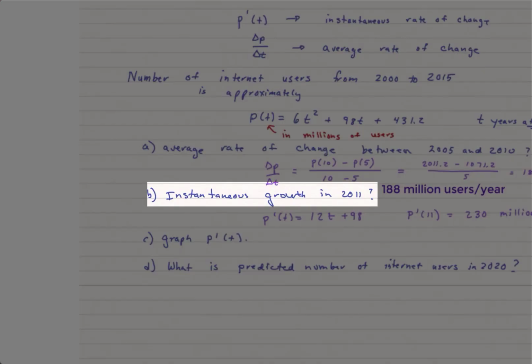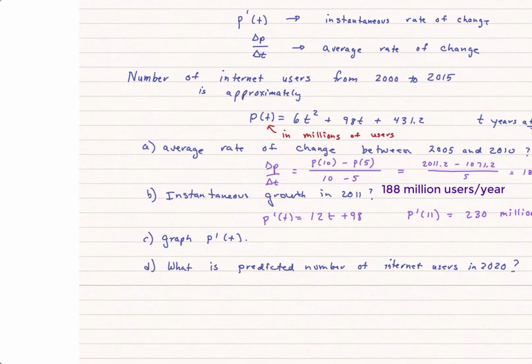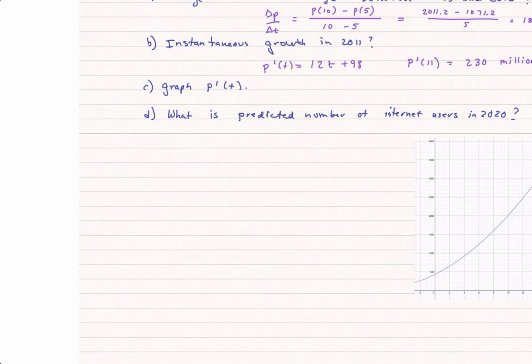If I want to find the instantaneous growth in 2011, I need to take the first derivative of that population function, that's 12t plus 98, and then I simply plug in 11. Let's do a quick graph of this. Looking at this graph, we see that the rate of change of my population is positive and it's continuing to increase.